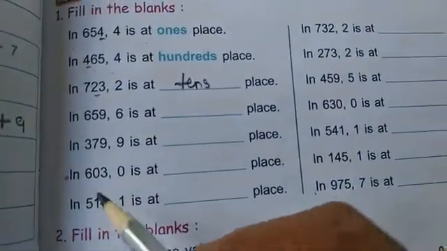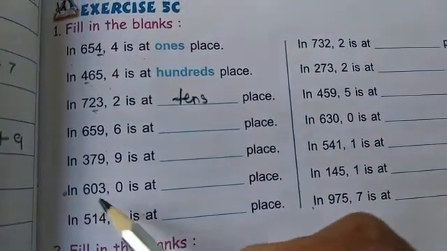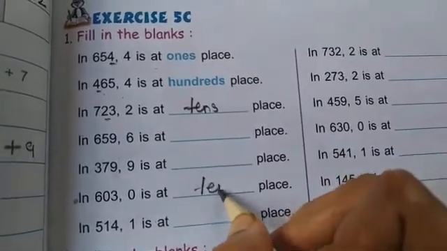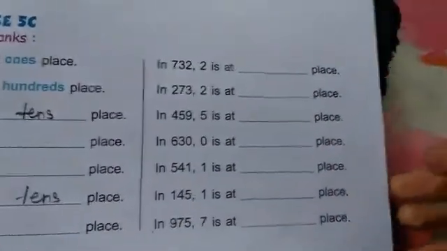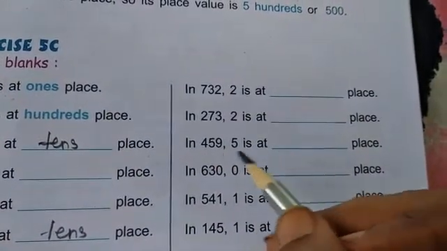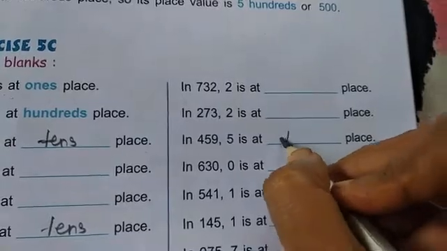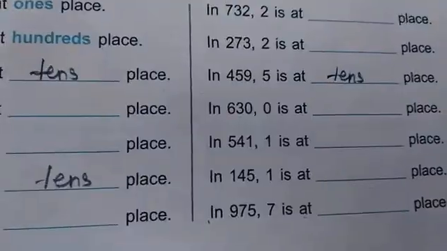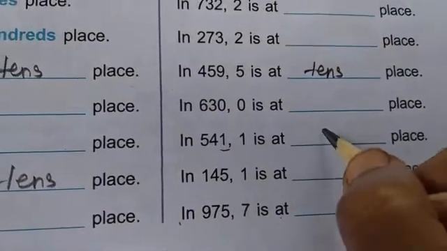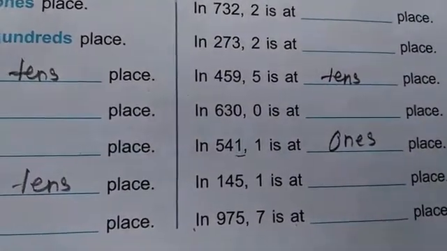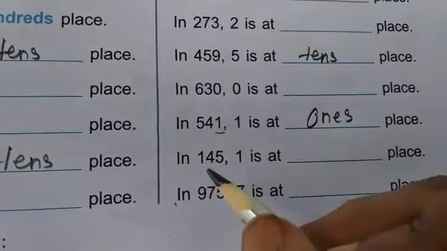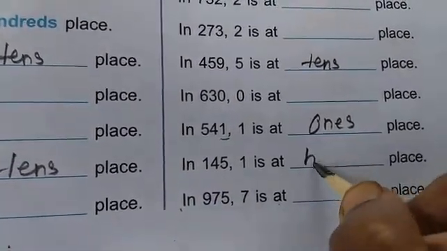Now here in 603, 0 is again at tens place. Now here in 459, 5 is again at tens place. Here in 541, 1 is at ones place. Here in 145, 1 is at hundreds place.